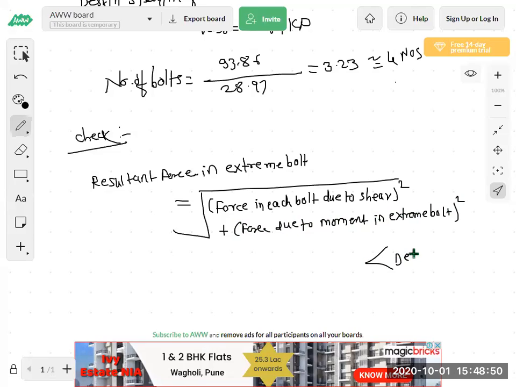It should be less than the design strength of bolt.